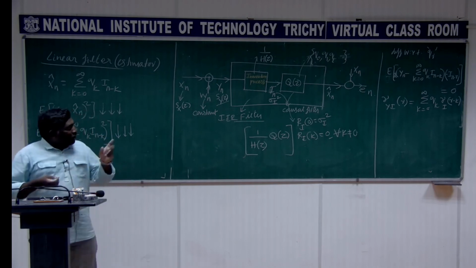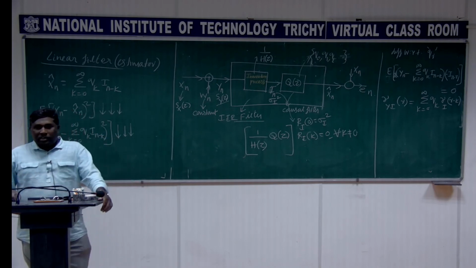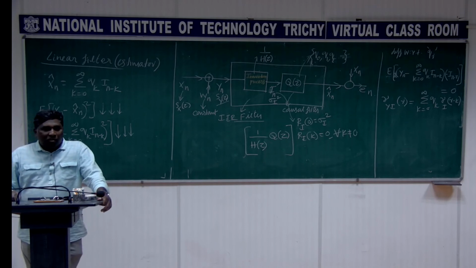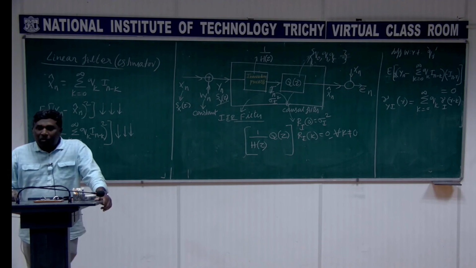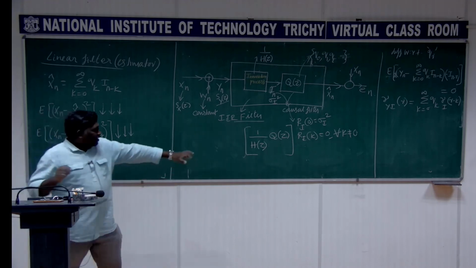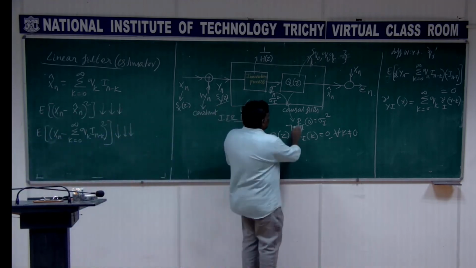Why? Because your gamma I is taking the value only for r minus k equal to 0. Gamma I of 0 only is going to have some value. For all other values of k, it is going to be 0. So I have written that, the characteristics. This is gamma basically.